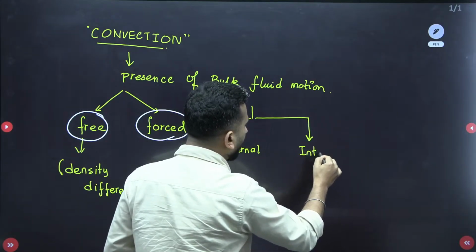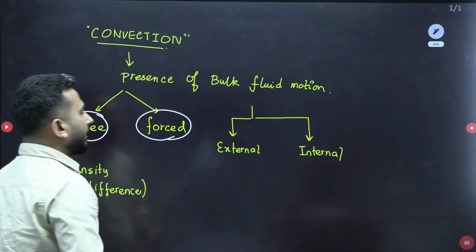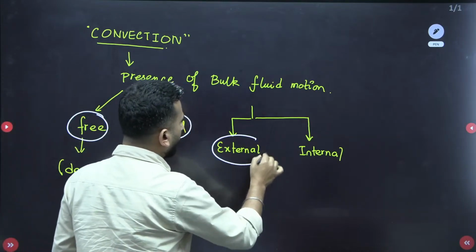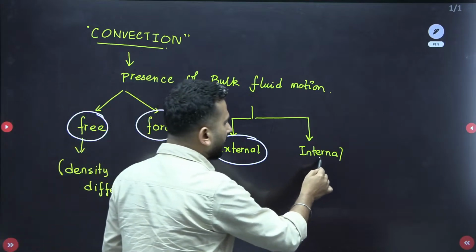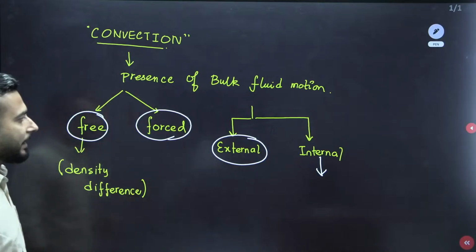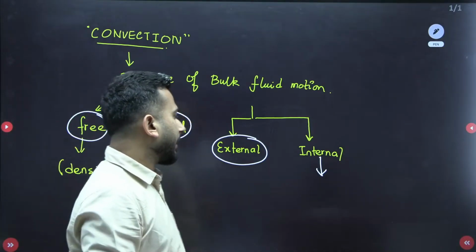This can also be one of the classifications as far as convection is concerned. We will start with external convection only. Pipe flow comes under internal convection, so that we will also see. We will see each and every aspect that is important from the examination perspective.